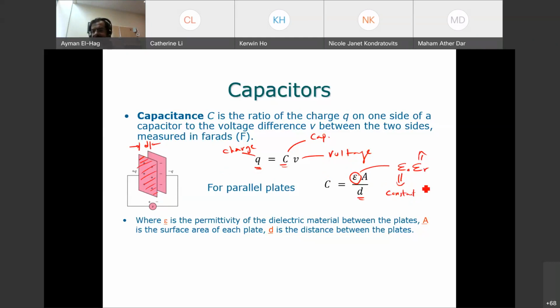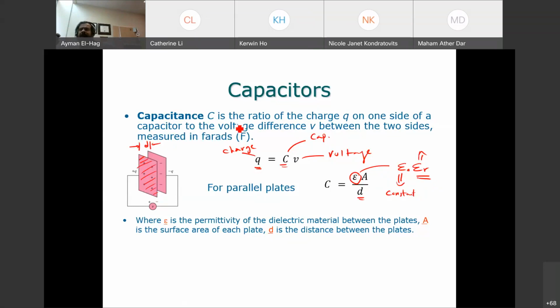Now, this relative permittivity is the ability of the material to store a charge. Without going into depth in physics, how we can go from the molecular level to understand this permittivity, we don't need to go to that level. That's usually for people in electrical engineering who are studying the physics of the material. That's not our concern.